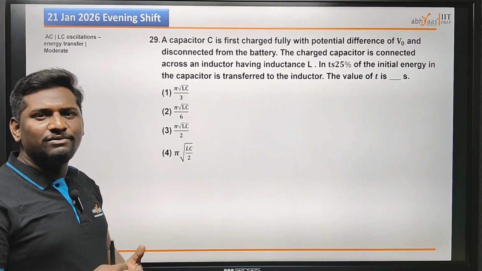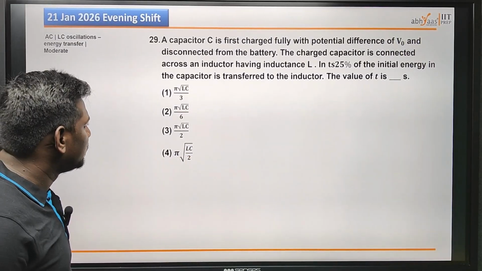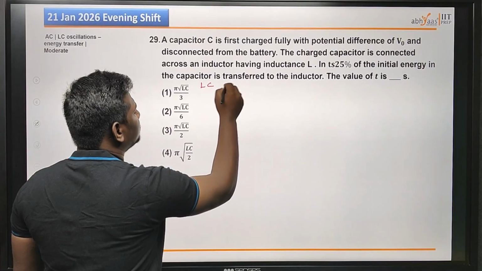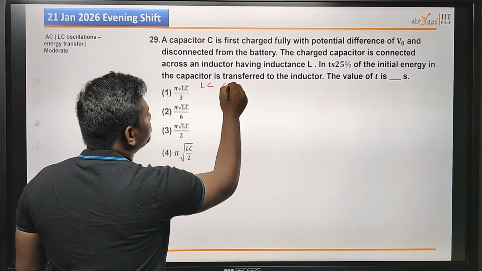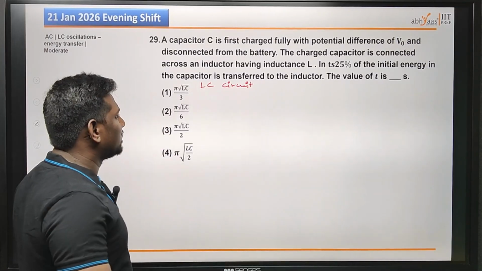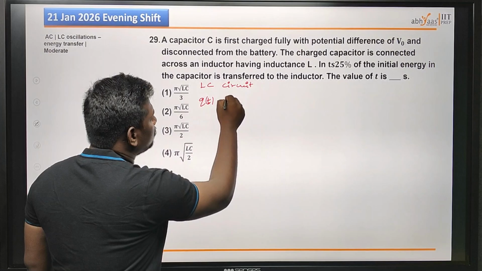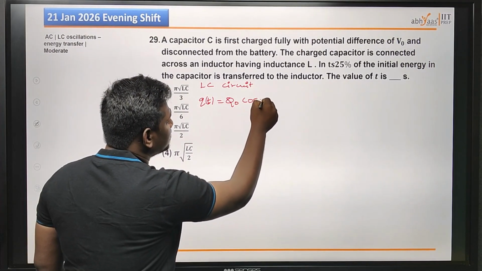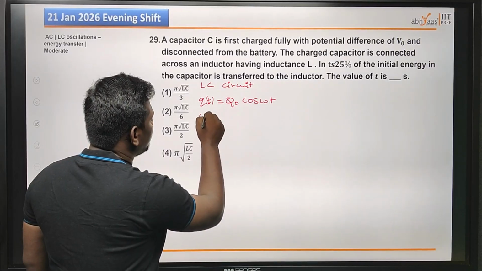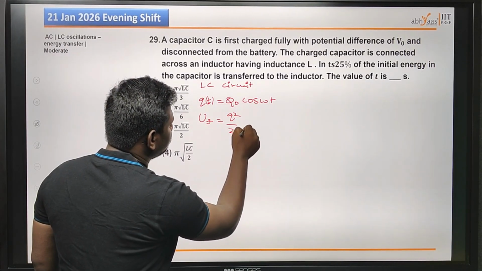So what we have to find? We have to find the time. From the LC circuit, you can write the charge after time t equals Q naught cos omega t. We know that the final energy can be written as Q square by 2C.